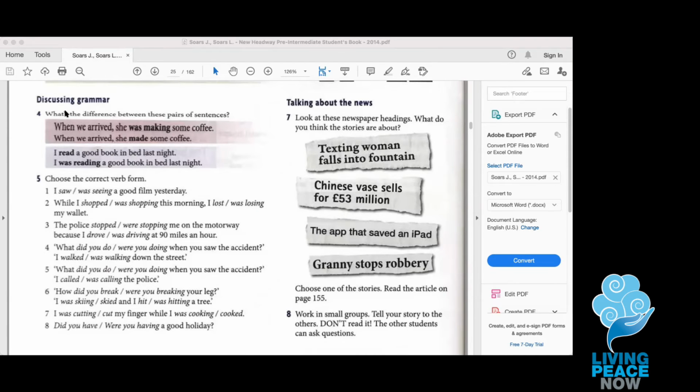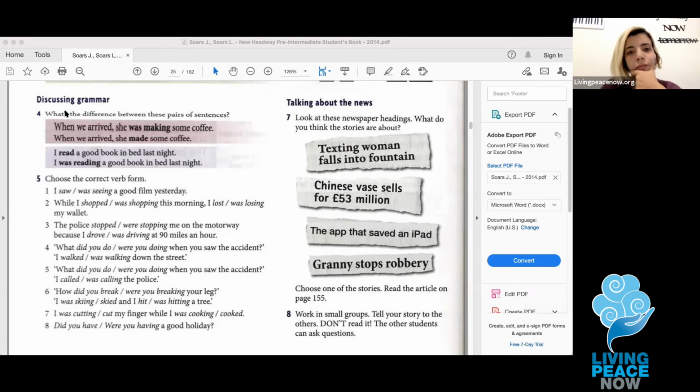Let me think about it. Sure. Here I will help you. Just think which in the first sentence is the first action, and which one is the second action.